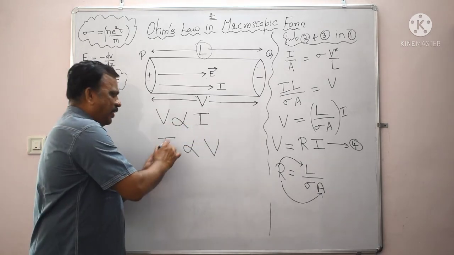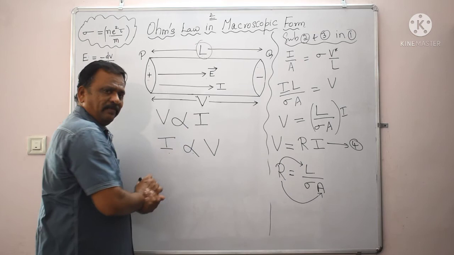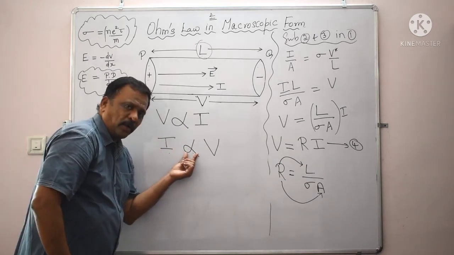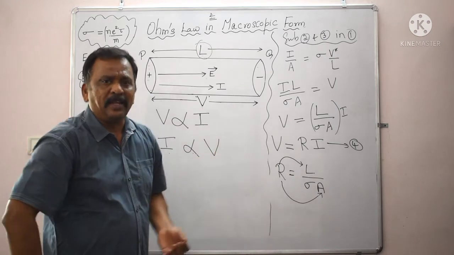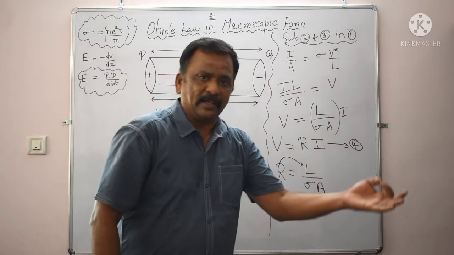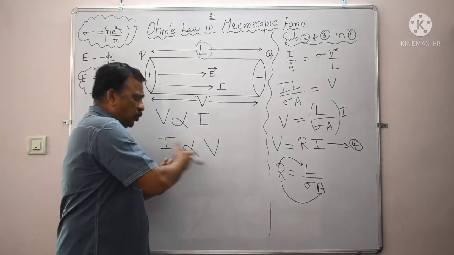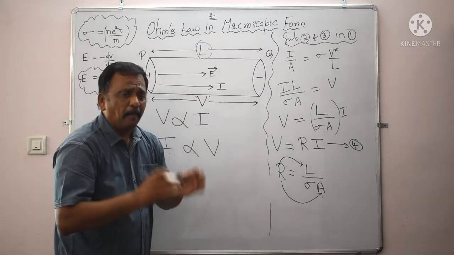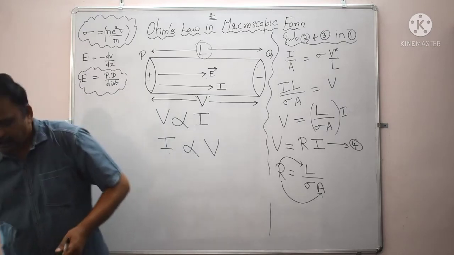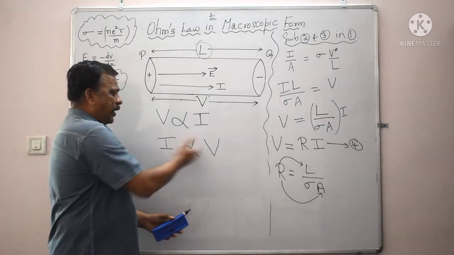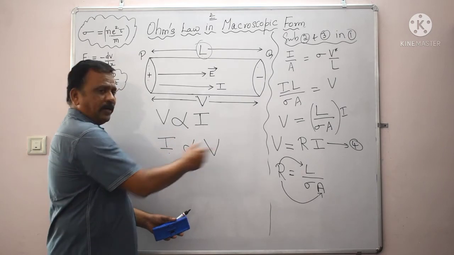I is directly proportional to V. So the current flowing through a conductor is directly proportional to the potential difference between the two ends of the conductor at a constant temperature. This is what we call Ohm's law in macroscopic form. So successfully we have derived Ohm's law in macroscopic form: I is proportional to V.